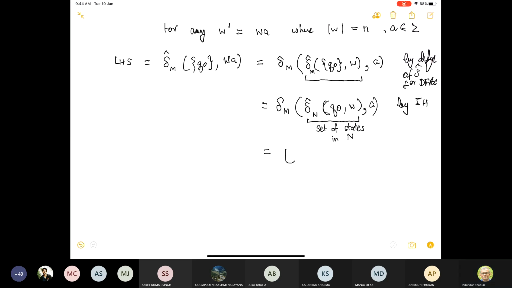So this is a union of delta N, Q A, where Q belongs to delta hat N of Q0 W, and this is by the definition of delta M.